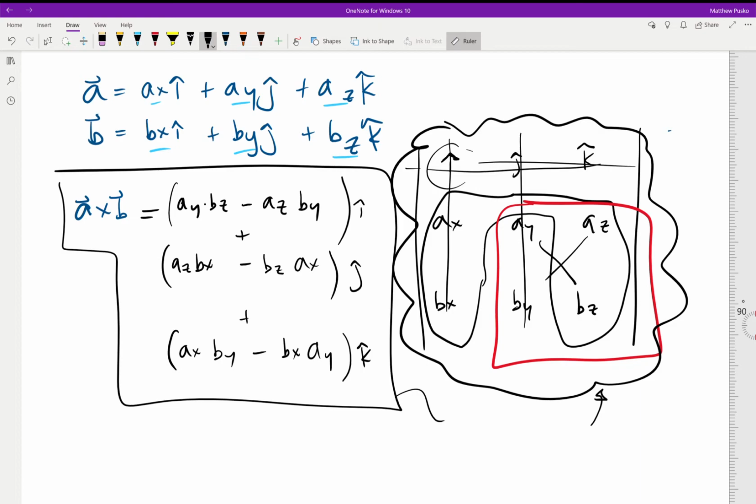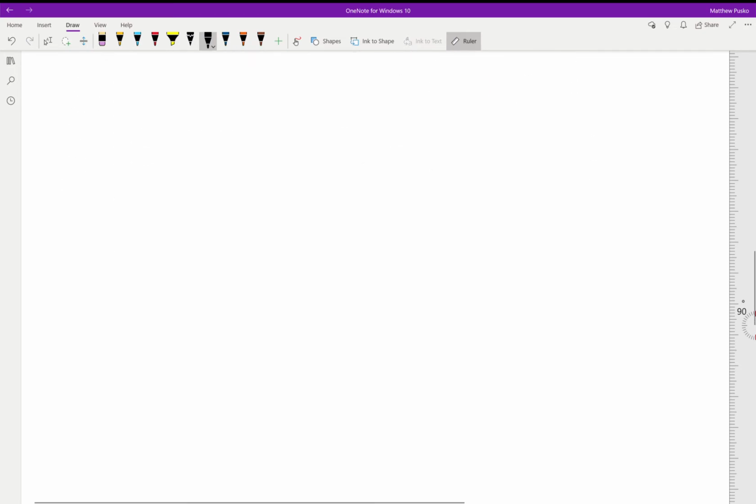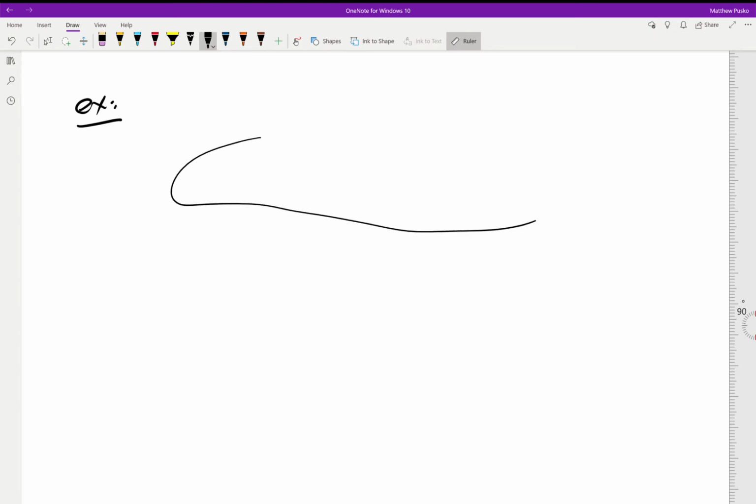Let's talk about an example of this, because I know dot product and cross product are not easy to comprehend without some sort of example. But let's say this is some mass, some blob, who knows, but it's got some axis of rotation like this.